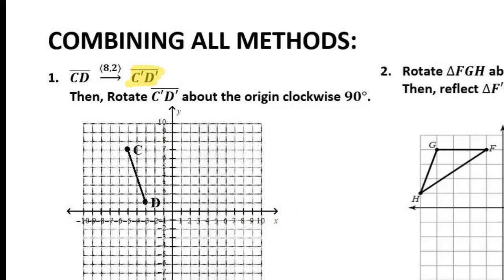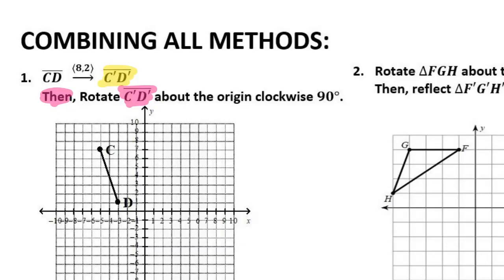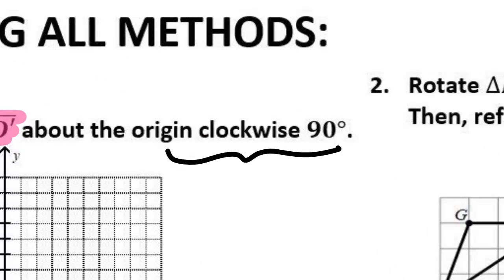And then in the second part of it where it says then rotate C prime D prime, I would get C double prime D double prime.